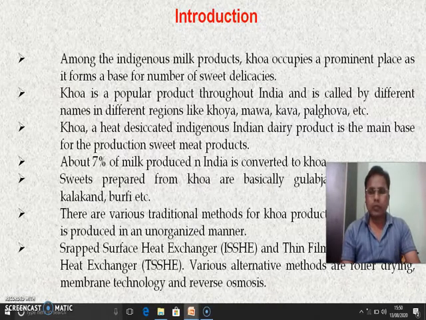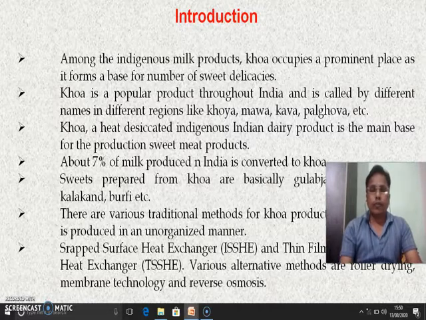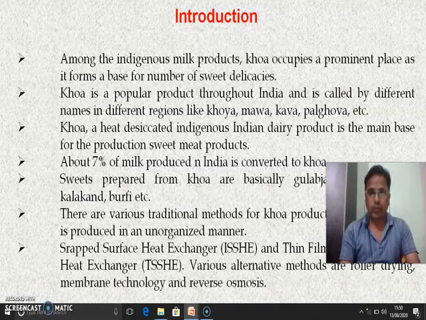Gulab jamun, kala jamun, kalakand, and barfi are a few important indigenous dairy products which are prepared by using Khoa. And to manufacture this Khoa, various traditional methods and some improved methods are used.